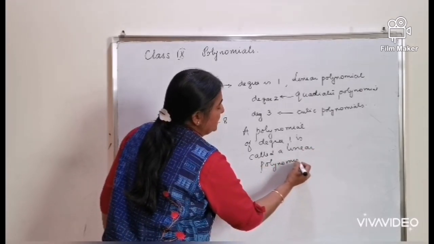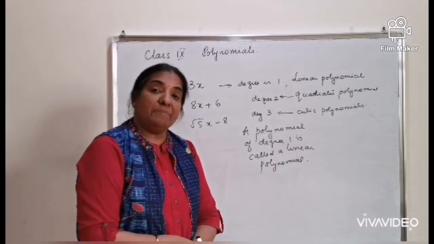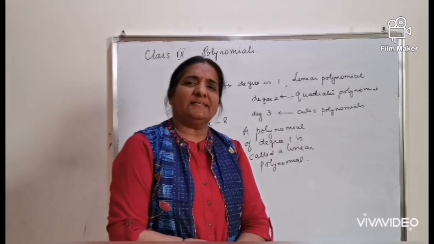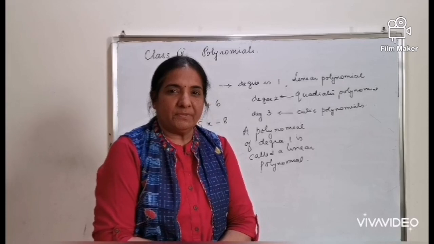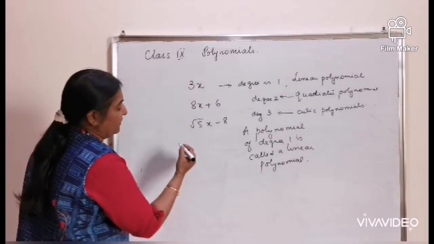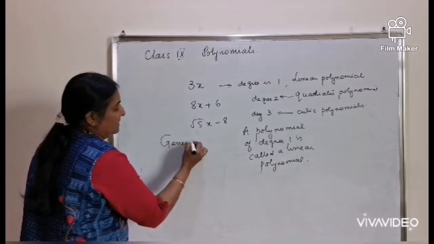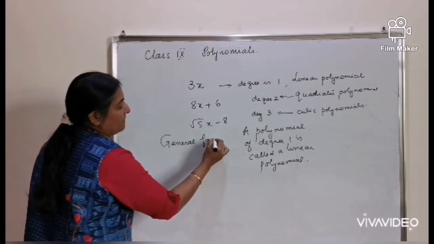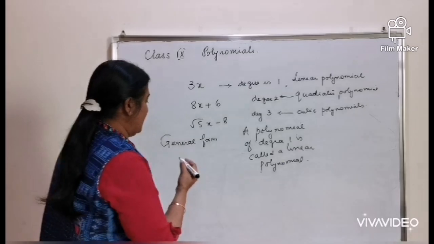If you replace the numbers with letters A and B, what can be the general form of a linear polynomial?